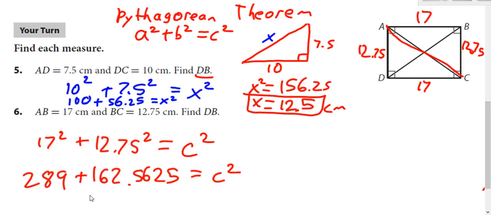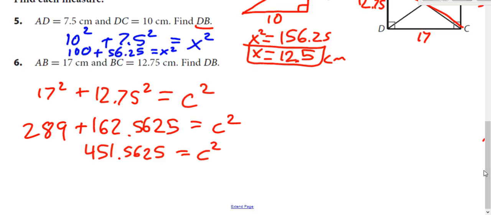Add that up and you get 451.5625. And then you take the square root to find what C is, and you get C equals 21.25, and those are all centimeters.